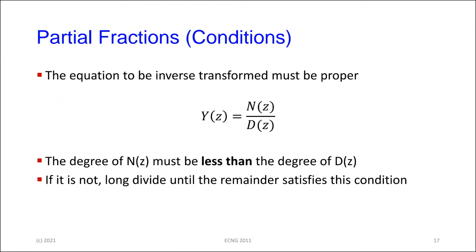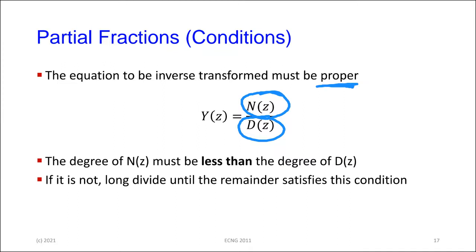And to do that, of course, we do the usual rules for partial fractions. The first thing is that the expression must be proper. In other words, the order of the numerator must be less than the order of the denominator. If it isn't, then you do a long division once.